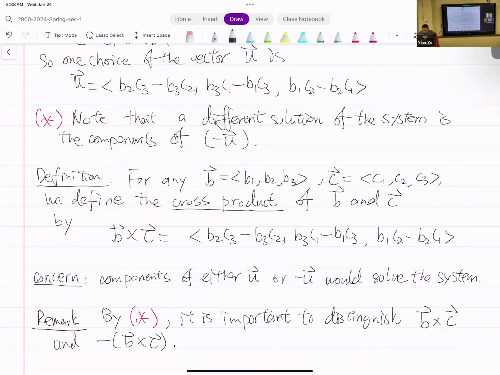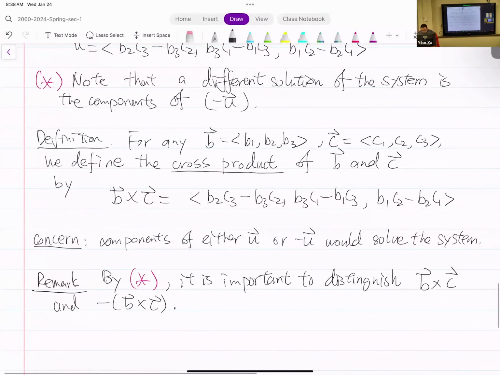Both of them are perpendicular to the original plane and both have the same magnitude. So we can distinguish the directions by the right-hand rule.